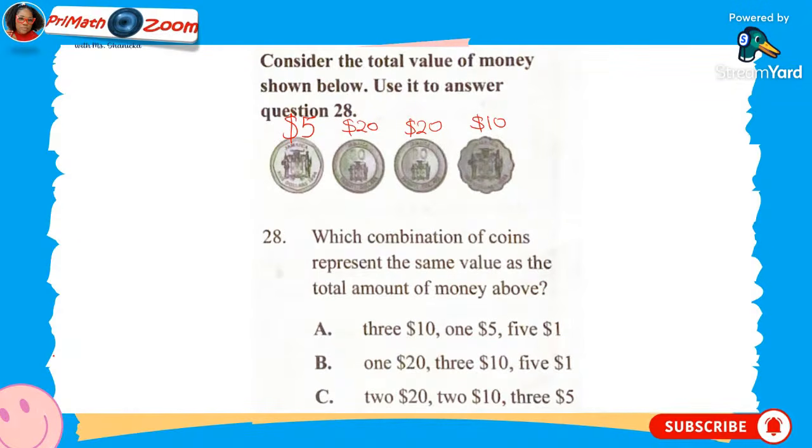So who can tell me the value of all of these coins together? All of these coins is equal to how much money? Let's go. Let me see. Tamika, check your answer. Oh, yes. Check your answer. Make sure you put your units on it.